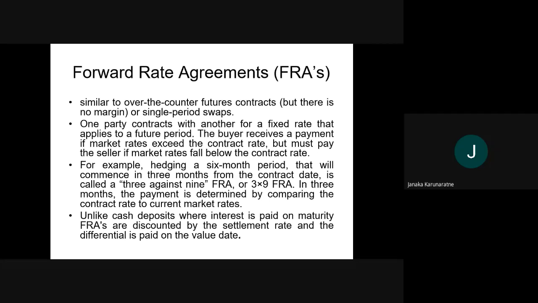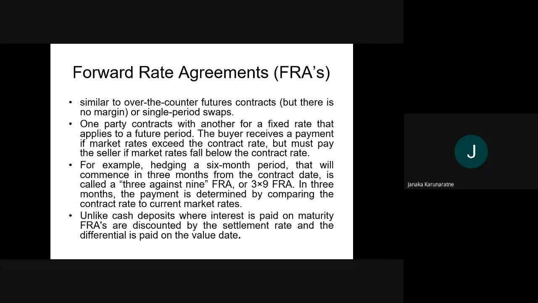I think this is again a very common instrument used by many banks to mitigate short-term interest rate risk. This is also similar to over-the-counter contracts like forwards or single period swaps. Now, what is a forward rate agreement?